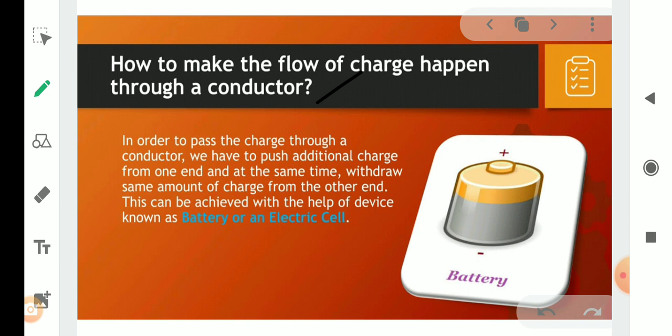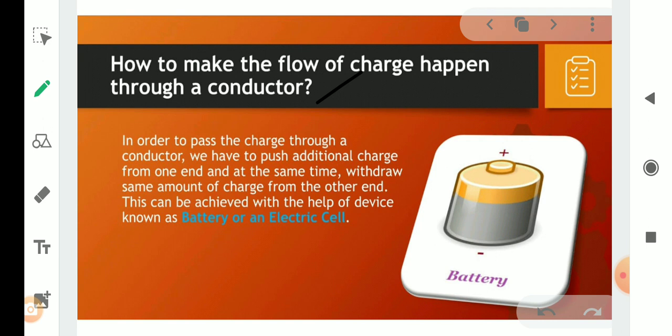So in order to pass the charge through a conductor, we have to push additional charges from one end, and at the same time the same amount of charge from the other end is withdrawn. This can be achieved with the help of a device known as a battery or an electric cell.